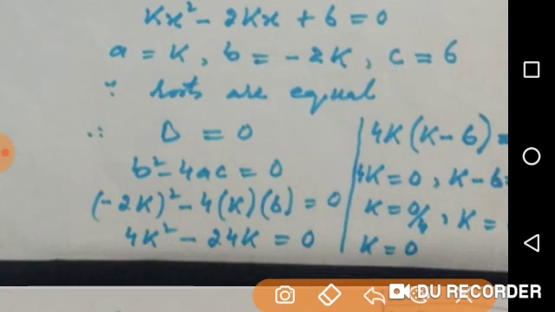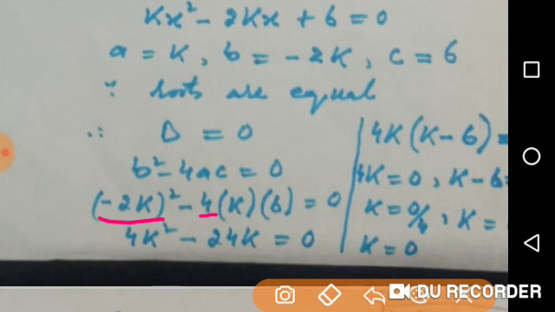Discriminant d is b square minus 4ac equal to 0. So in place of b put minus 2k whole square, keep 4 there, a is k and c is 6. So minus minus plus, 2 twos are 4k square, 4 sixes are 24k equal to 0.